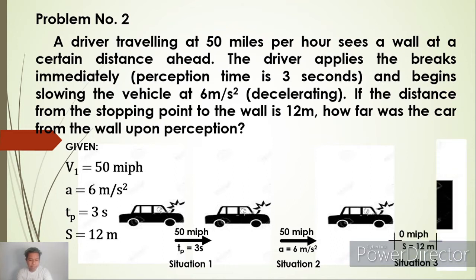And the third situation na kung saan tumigil na yung sasakyan. Okay, ano nga ba ang tanong? Back to the question, how far was the car from the wall upon perception? So, gaano daw kalayo yung kotse simula nung ma-perceive niya na siya ay mababangga?